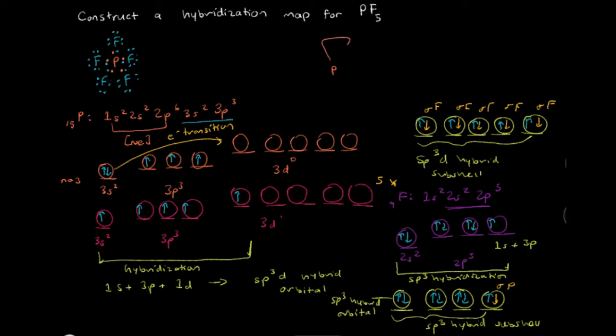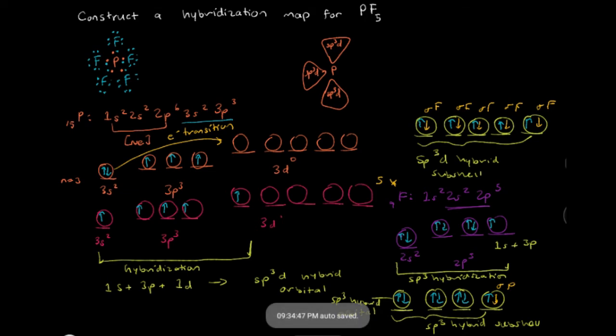So here's the sp3d, and it is difficult to draw these, so we're just going to draw it like that. This is going to be a combination of the s, the p, and the d subshell. We're going to have an sp3d subshell here, and there's an sp3d subshell here.